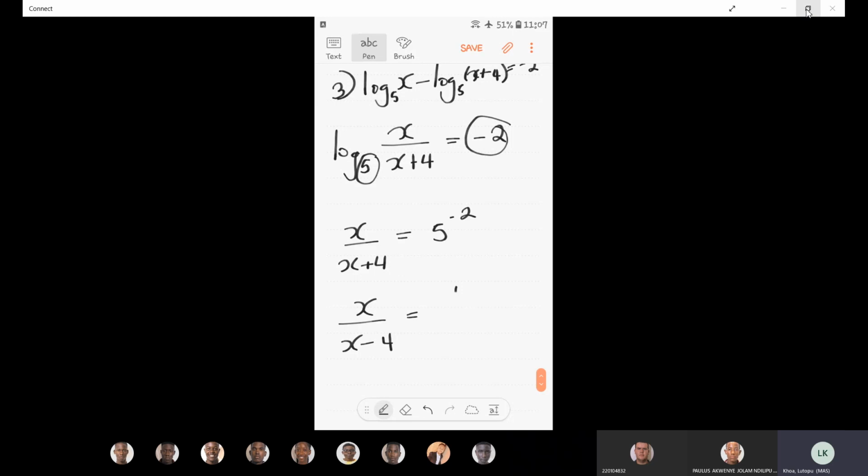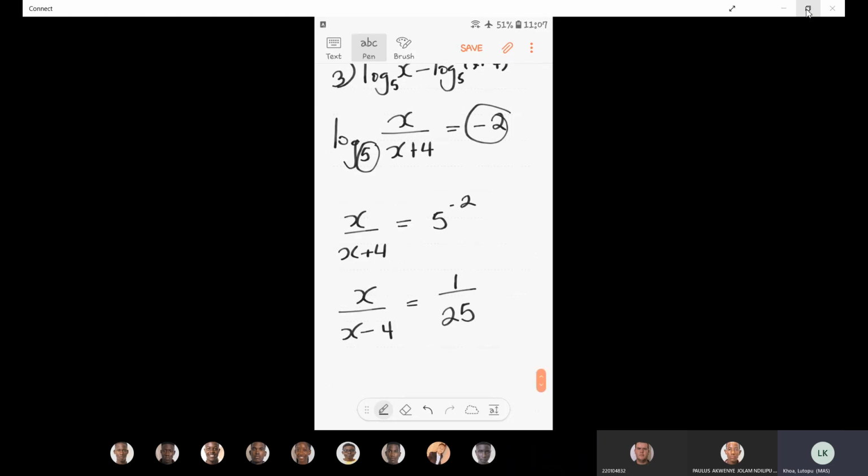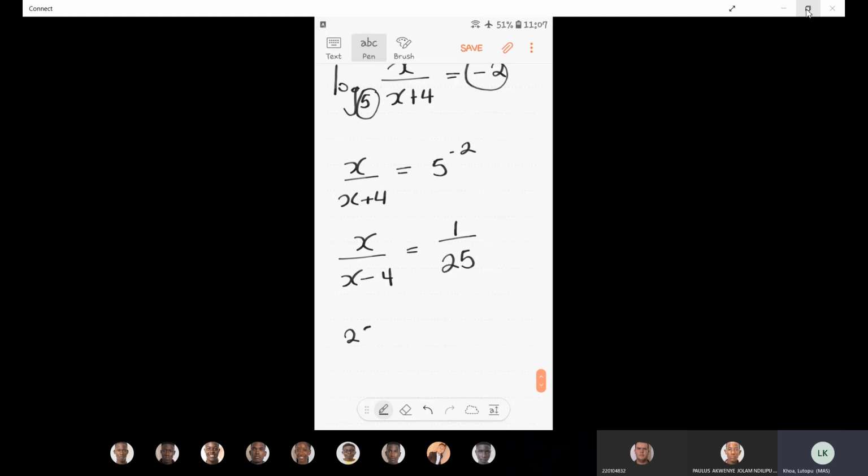This is equal to 1 over 25. Then you cross multiply, you have 25x. This is equal to 1 times x plus 4. So 1 times anything is just equal to that something, so I don't need to put it in brackets. If I was multiplying by anything else except 1, I would put it in brackets.